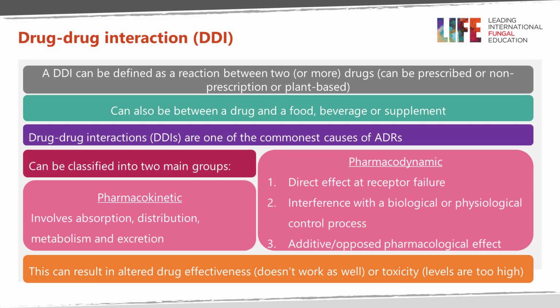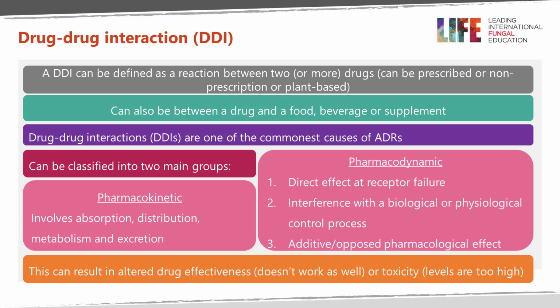Drug-drug interactions are one of the commonest causes of adverse drug reactions. They can be classed into two main groups, one being pharmacokinetic and the other being pharmacodynamic. Pharmacokinetic involves absorption, distribution, metabolism, and excretion of the drug.